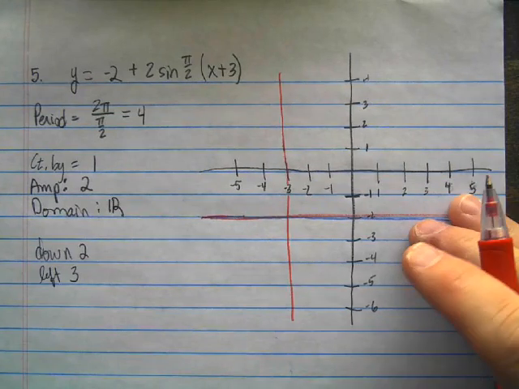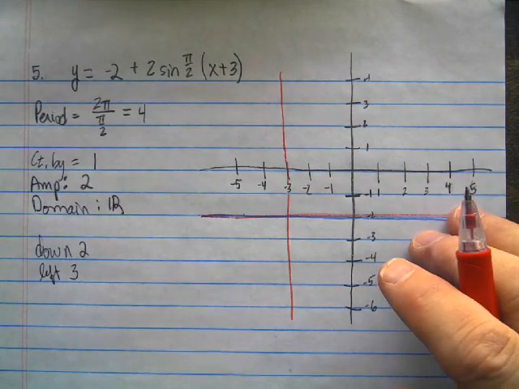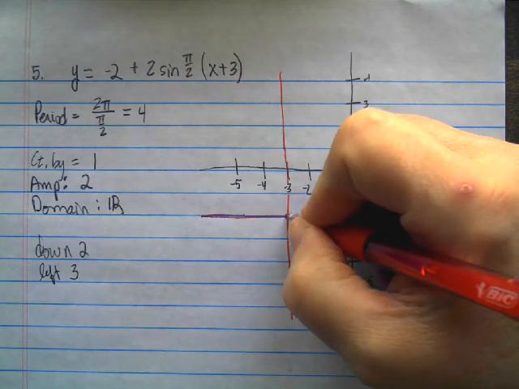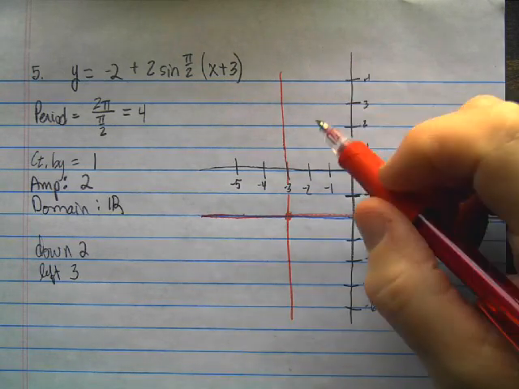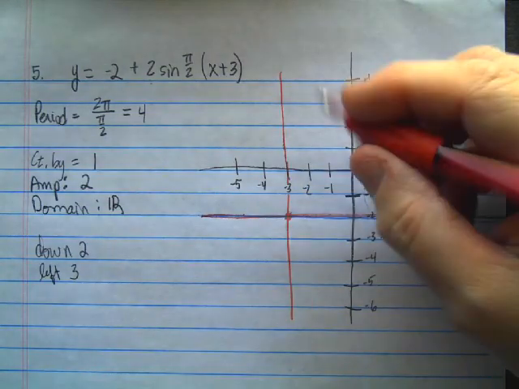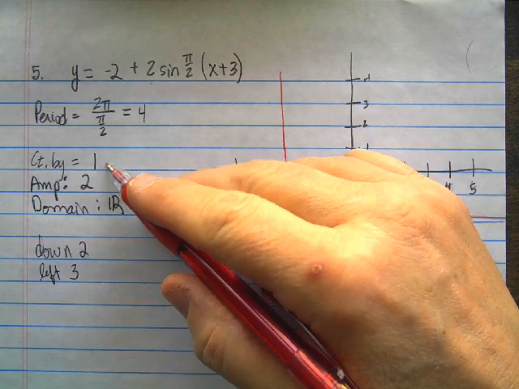Okay, and this is sine. So sine starts at the origin and then goes up from there. And so we'll go up 2 because the amplitude is 2. And we'll go just one space because I was supposed to count by 1.